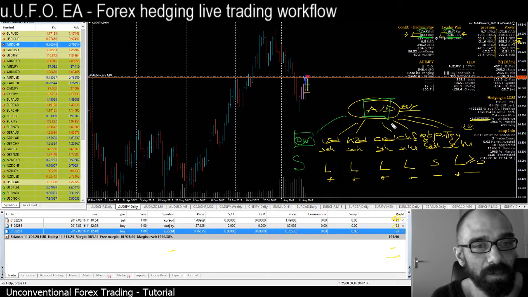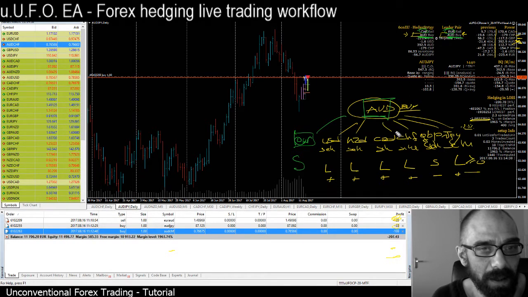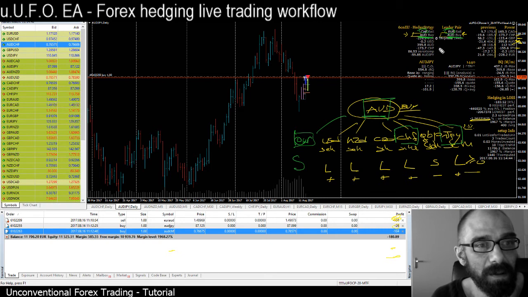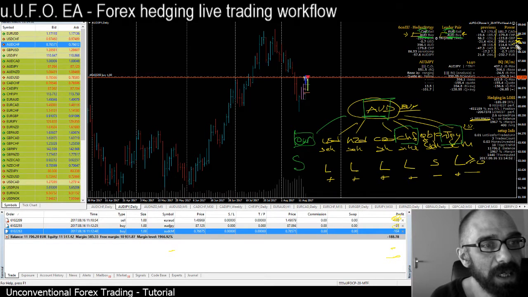And what else? Australian dollar Swiss franc, Australian dollar Japanese yen. Okay, these three currency pairs only. Now at this moment we have to see if GBP or US dollar, maybe US dollar may fall, I don't know.